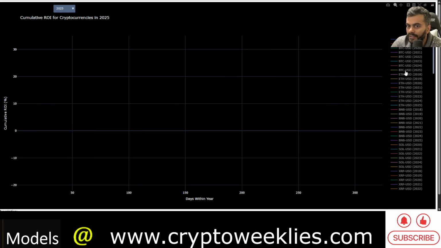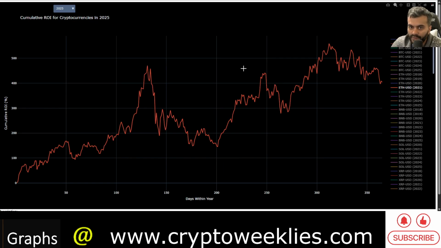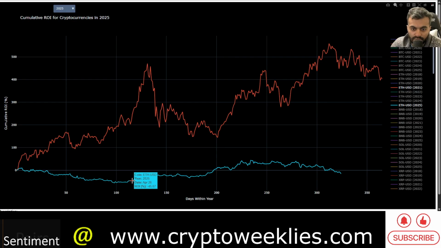Coming to the same analysis for ETH, in 2021 ETH had a fantastic year, up 470% in May and 550% in November, whereas this time around ETH in the April-May time period was negative 45%, and in November it's doing slightly better but still negative 15%.